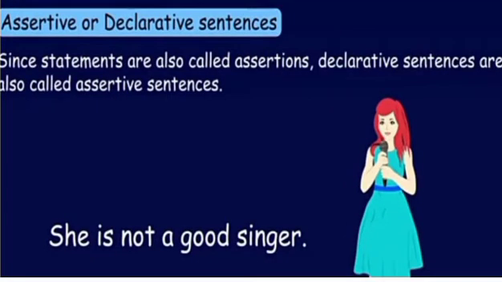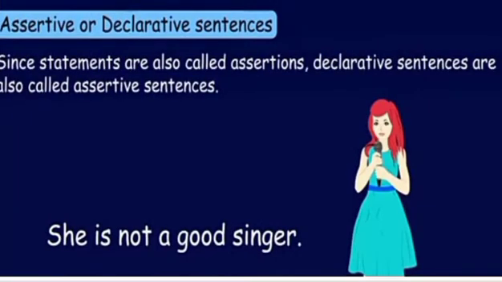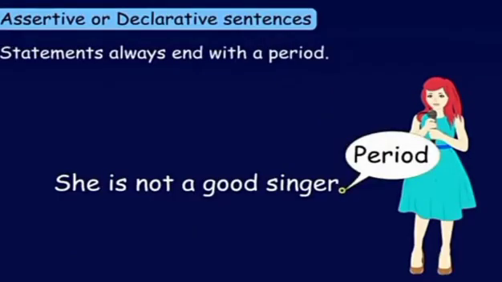Since statements are also called assertions, declarative sentences are also called assertive sentences. Here, statements always end with a period.